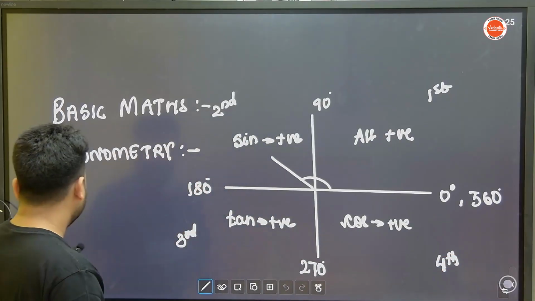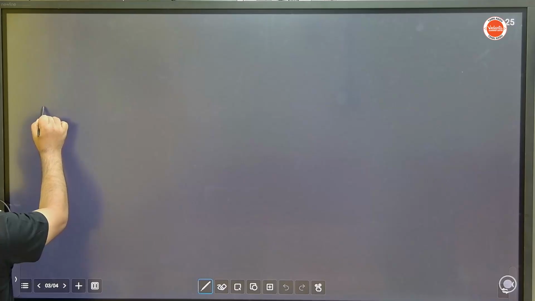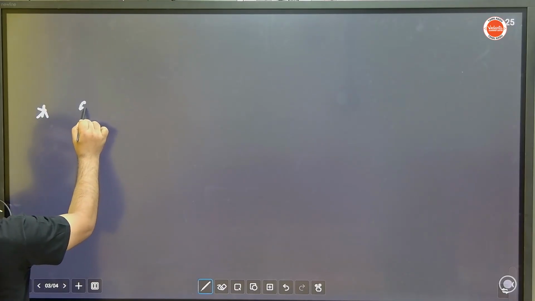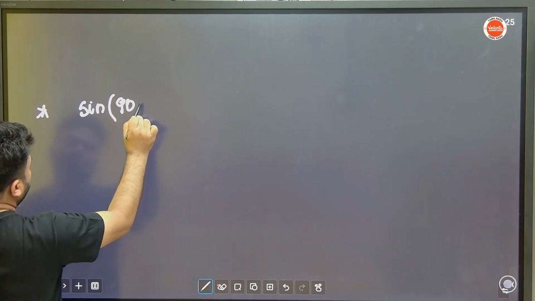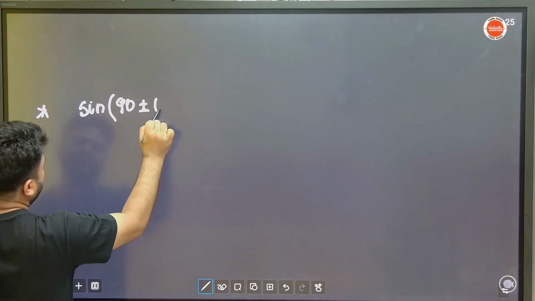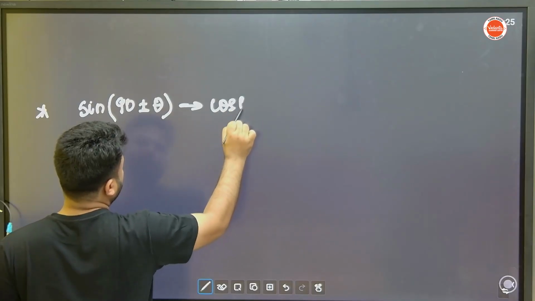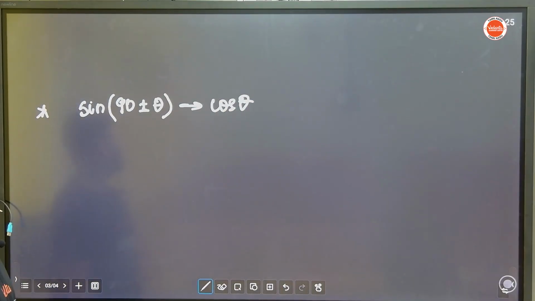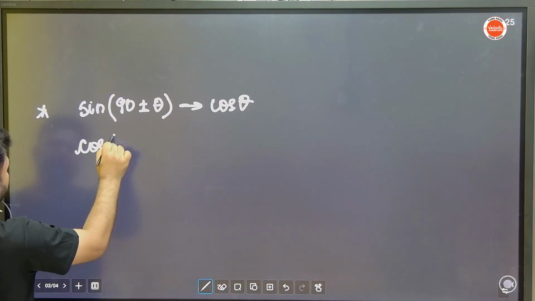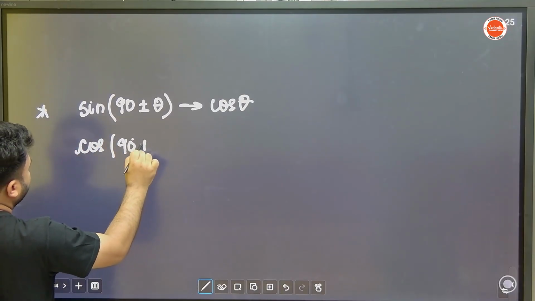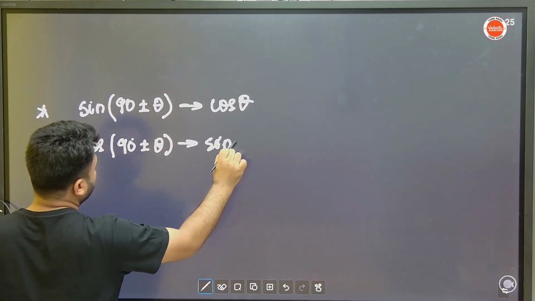Correct. Now we have another concept which says that sine of 90 degree plus minus theta equals cos theta. Similarly, cos of 90 degree plus minus theta equals sine theta.